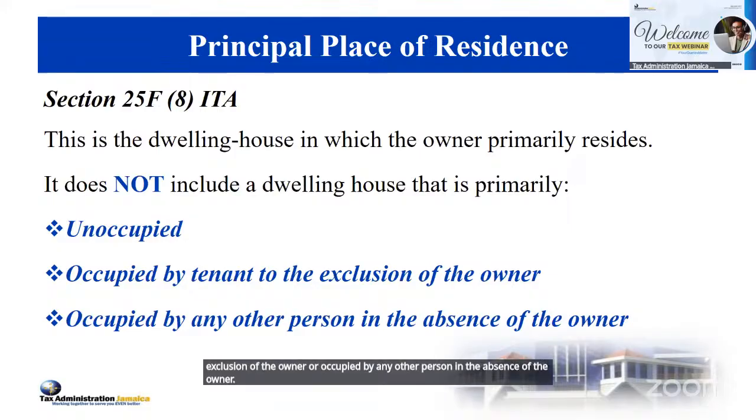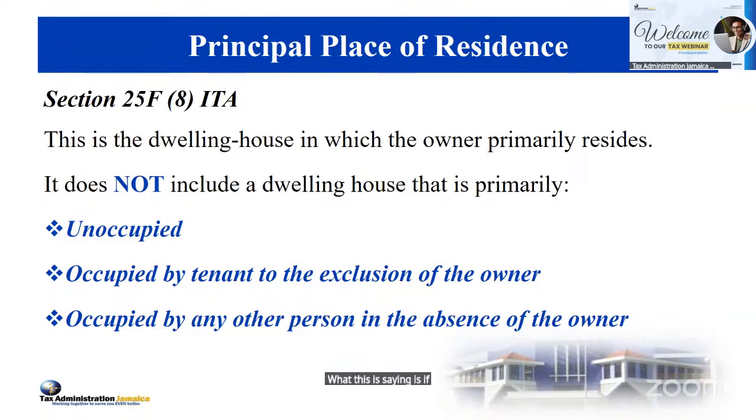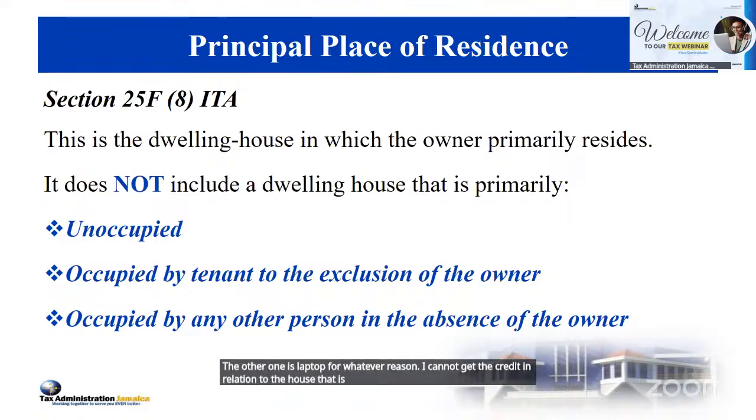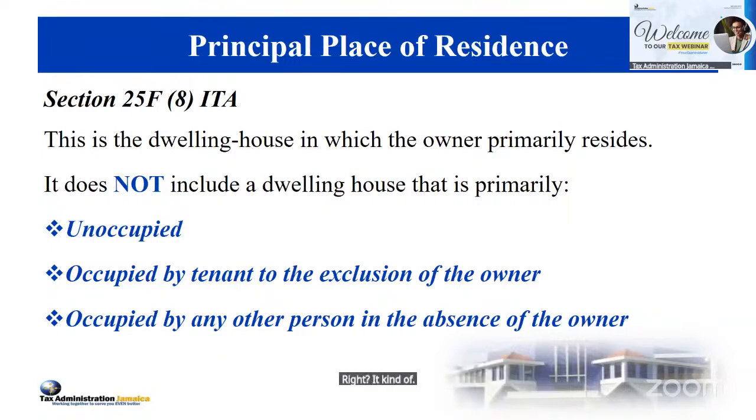What this is saying is, if I own two houses, I live in one, and the other one is locked up for whatever reason, I cannot get the credit in relation to the house that is locked up and not being used, right? If I have two houses, I live in one, and I have one rented, whether be it Airbnb or whatever, I cannot get the credit in relation to the one that is rented.